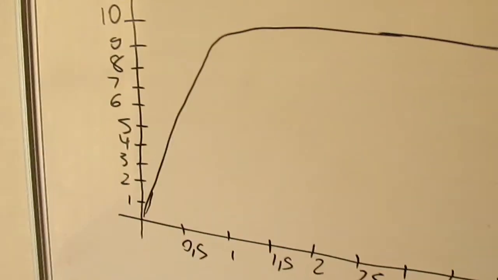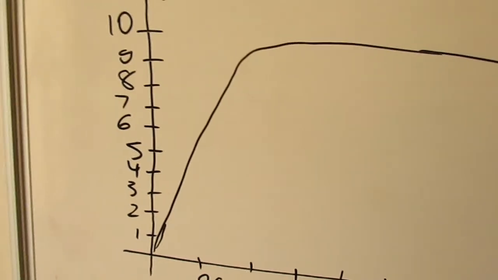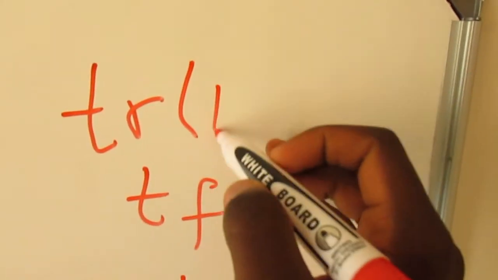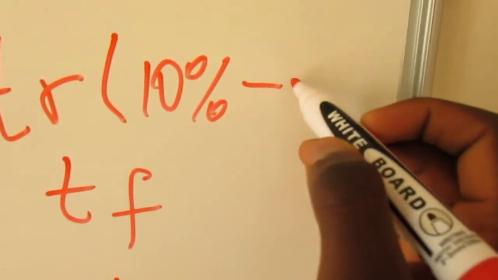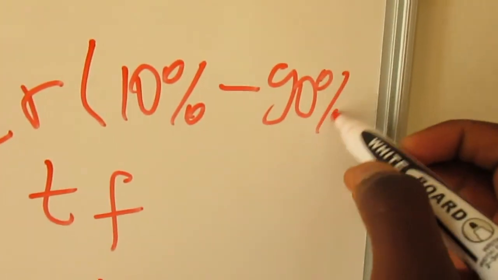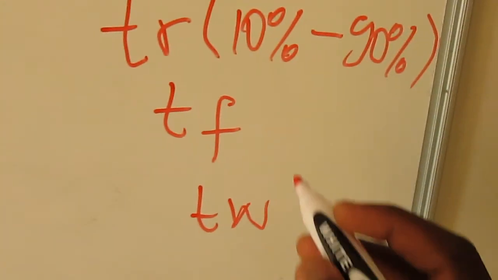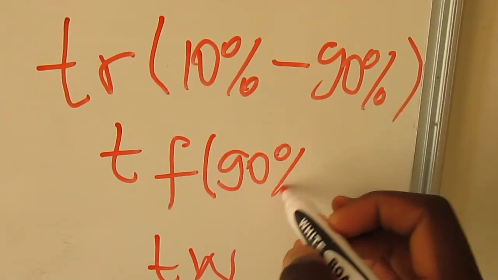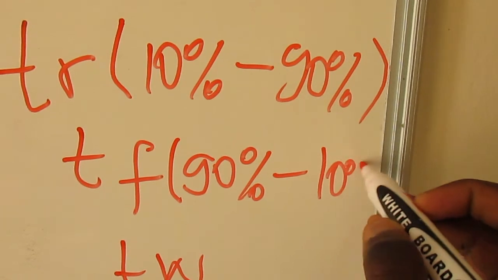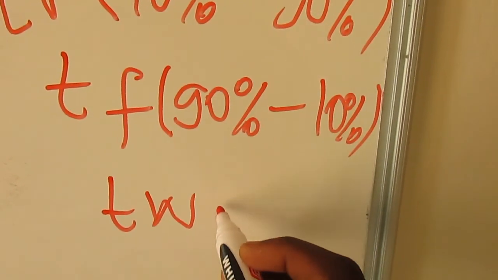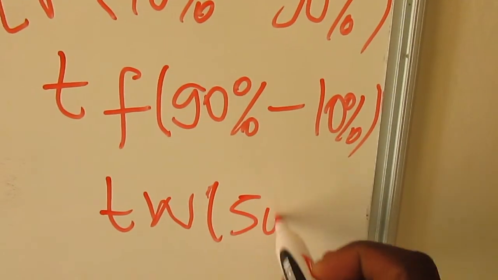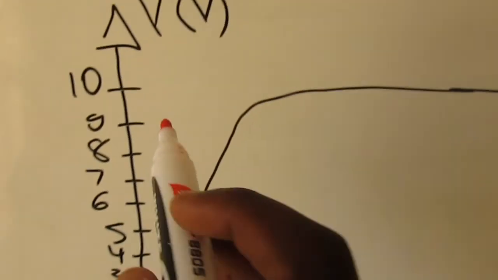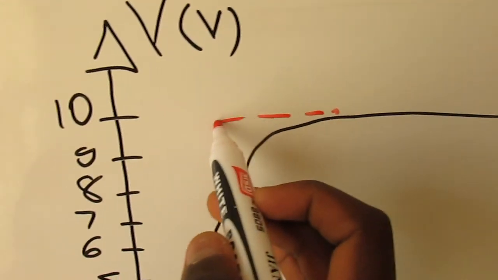Okay, so you come here, as we said, when it comes to the rise time, we need to check from 10% to 90%. But let's determine first of all what our amplitude will be, and then for the fall you have 90% to 10%, the falling amplitude, and then for the pulse width it's just 50% of our amplitude. So in order for you to get your amplitude, you check your waveform, and you can see it's 10.